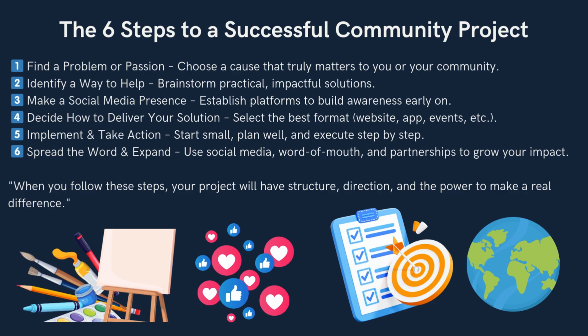For example, for something you'd be passionate about, art would be a good example, and a big problem nowadays would be mental health and general wellness as a whole. And those are just some examples. There's a lot more than this.